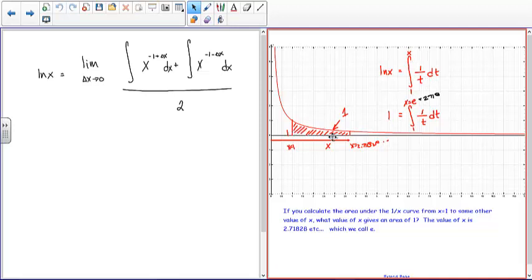So you integrate from 1 to some value x. And so if you went to the value x equals e, 2.71828, you'd find out the area underneath the curve is equal to 1.